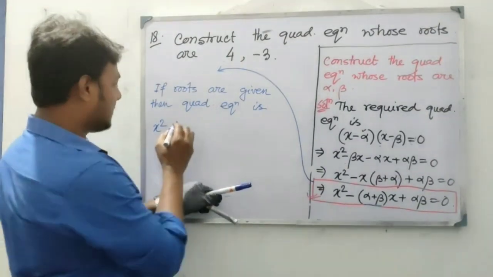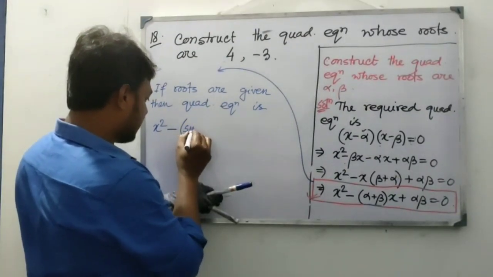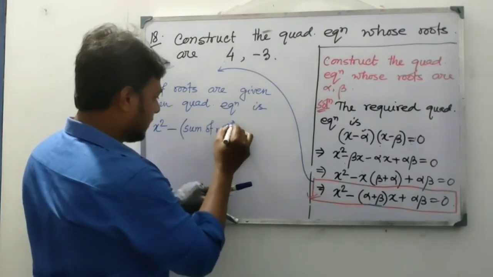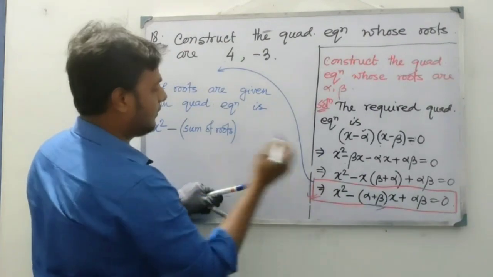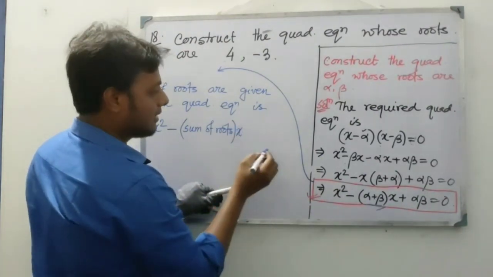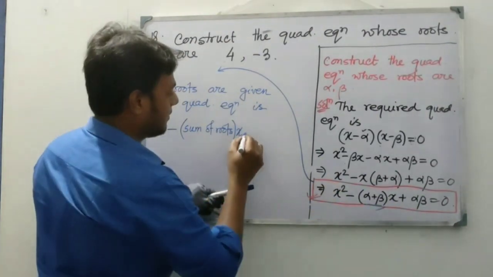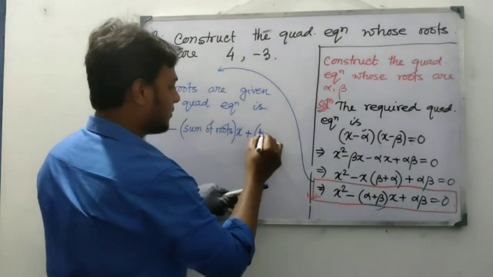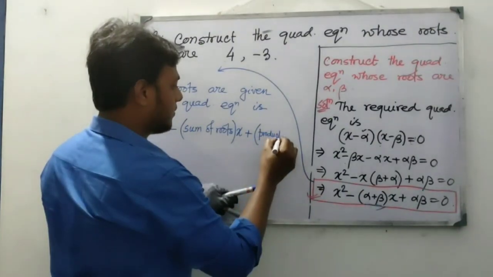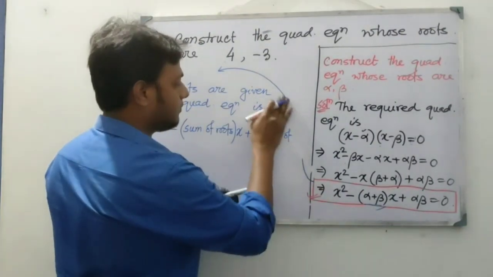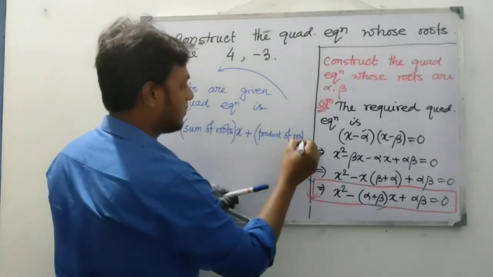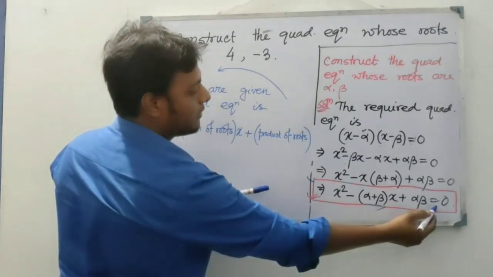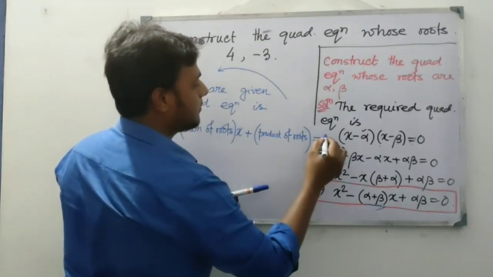So in place of alpha plus beta, you can memorize sum of roots. This part complete. After that, x is there, sum of roots into x plus alpha beta, alpha into beta, that means product of roots, equals to 0.